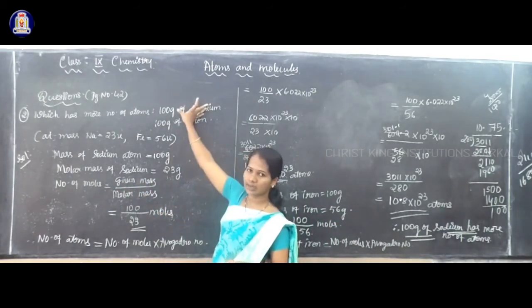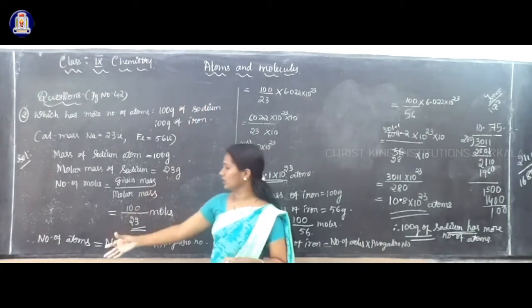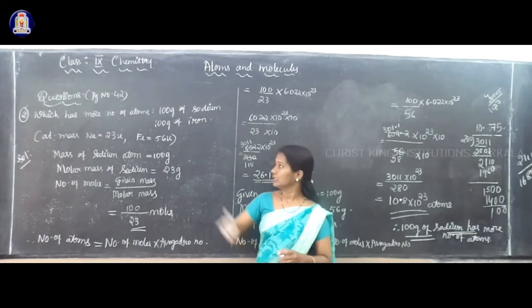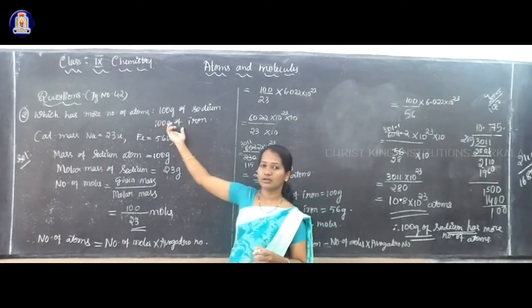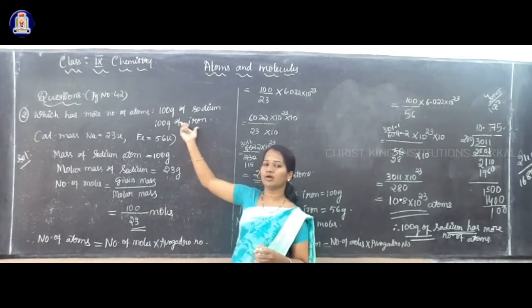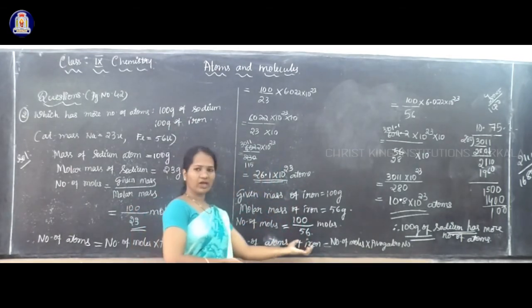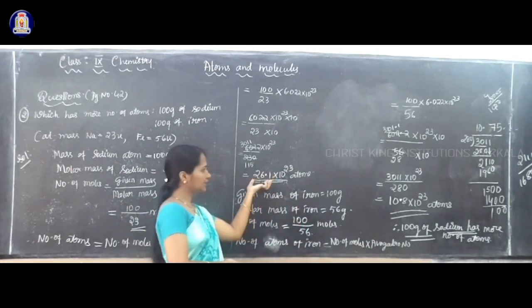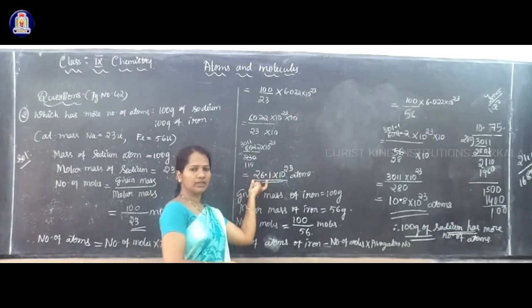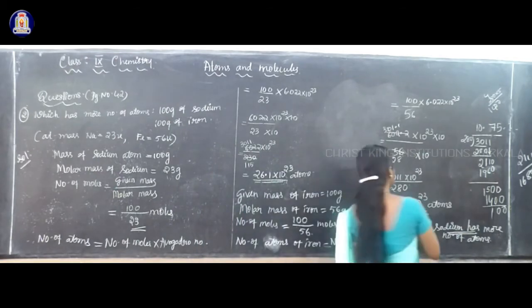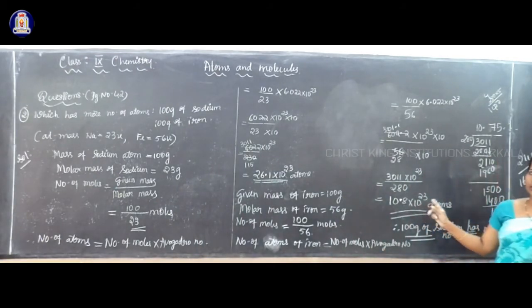For the 100 gram of sodium, find out number of atoms. Then in the same way find number of moles of 100 gram of iron, and then find the number of atoms of iron. You will get first case answer 26.1 into 10 to the power 23 atoms, and second case you will get 10.8 into 10 to the power 23 atoms.